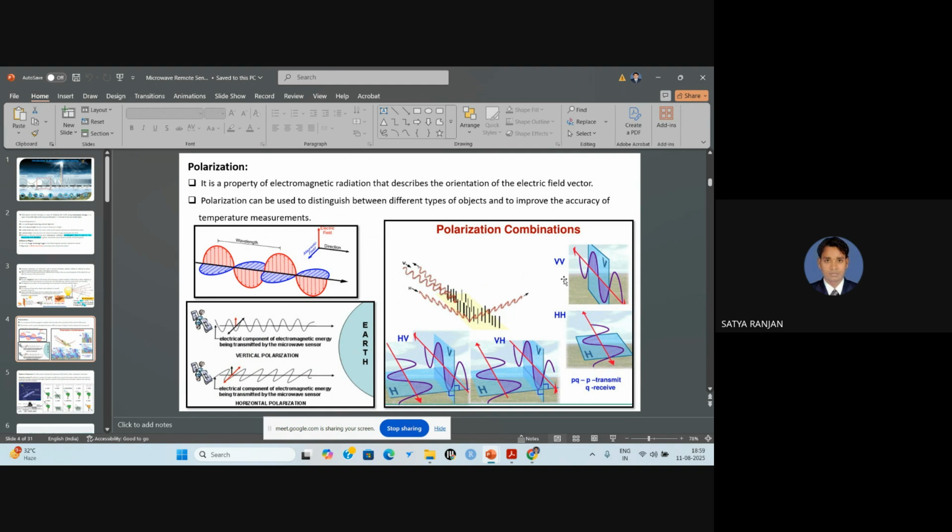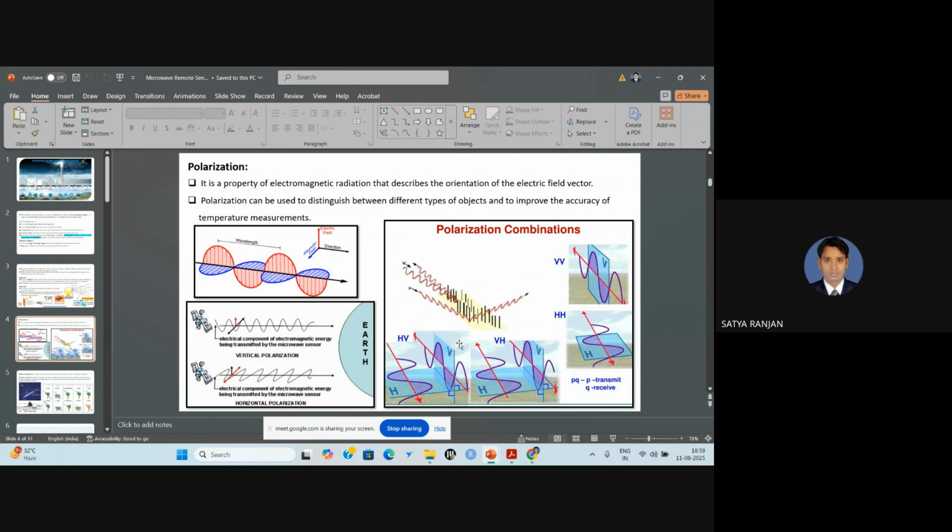Then VV polarization, incoming and backscatter both vertical. Then HH polarization, horizontal incoming, then backscatter horizontal. So there are four ways of incident and reflected electromagnetic radiation in microwave remote sensing: HV, VH, VV, and HH.